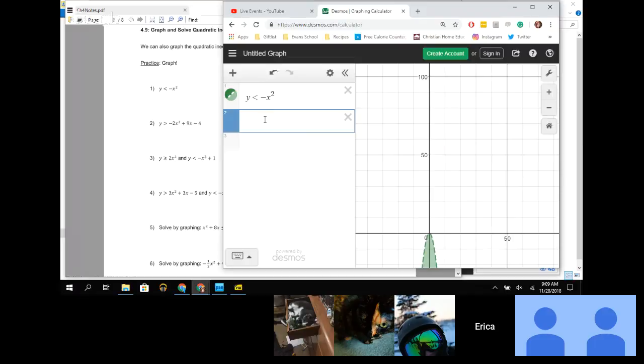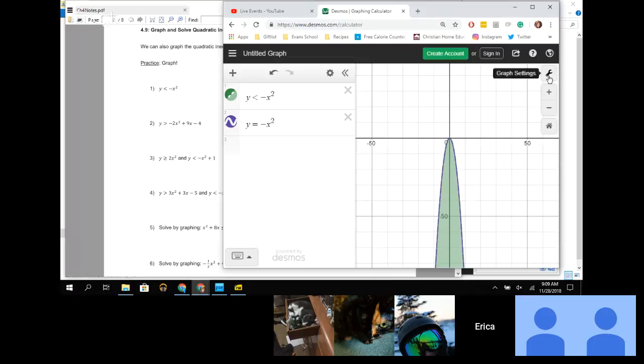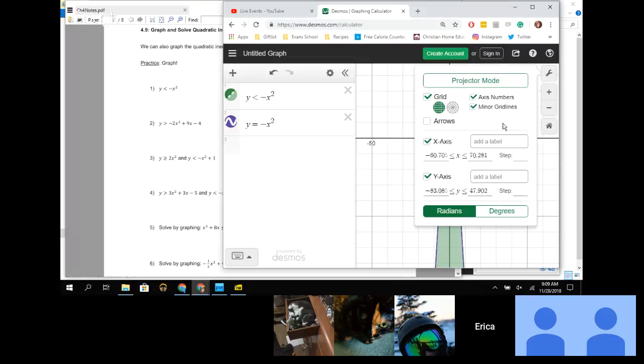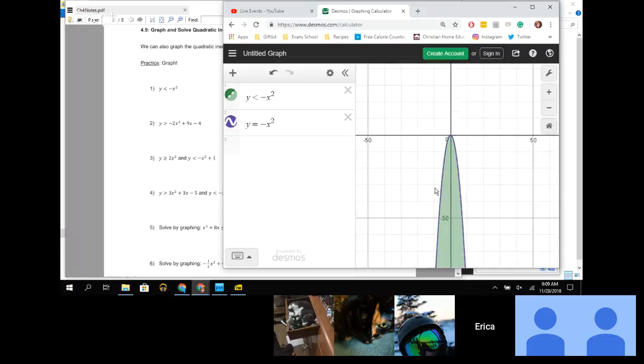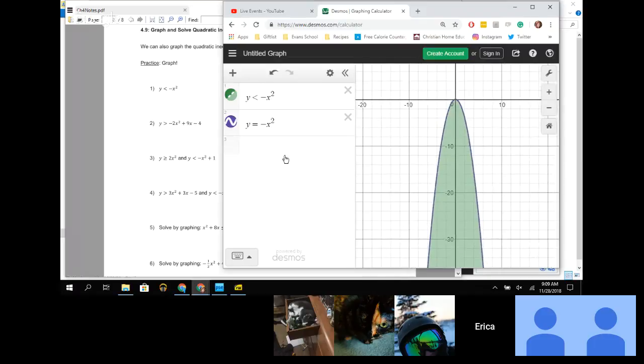If you're using your TI calculator, you're going to have to graph y equals negative x squared, and then you're going to have to figure out which side of the graph should be shaded. We'll just zoom back in here a little bit. So on a TI, you're going to have to do this. Desmos is a little bit better at understanding what an inequality looks like and shading it for you. So it kind of wins on that one.